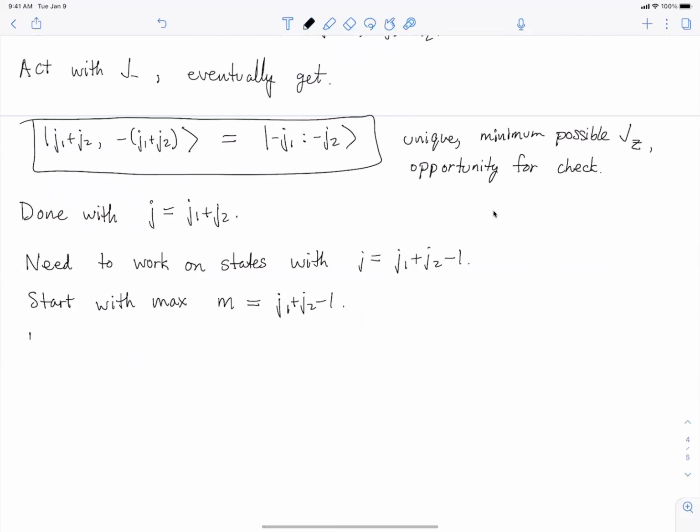And so what we can say is that state, or that ket, should be equal to, now it's not unique because there are two different kets that you can write in the product basis that have that same value of M, and here they are. So I'm going to write a coefficient A times J1, J2 minus 1, and another coefficient B times J1 minus 1, J2.